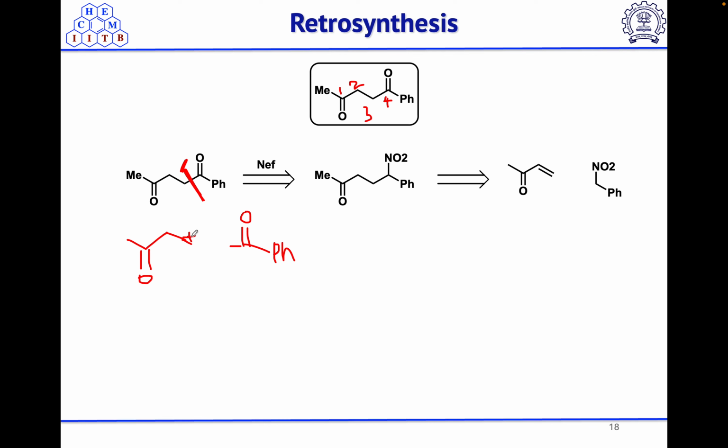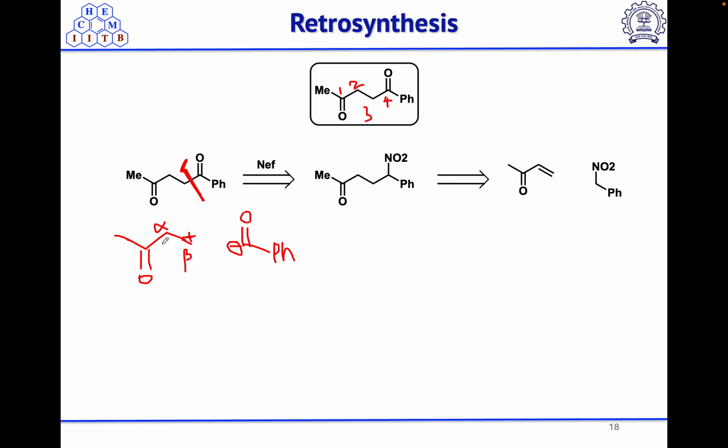The positive charge we can easily generate at the alpha and beta positions of this carbonyl compound, and the negative charge is at the carbonyl carbon.